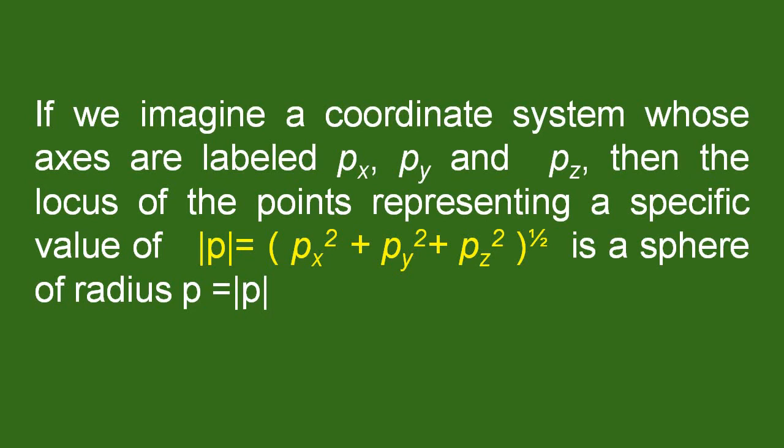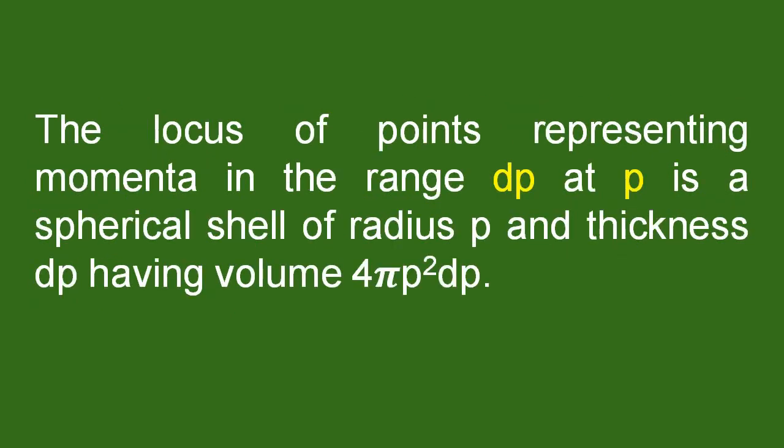And this type of calculation we are normally doing in statistical mechanics. So, the locus of points representing momenta in the range dp at p is a spherical shell of radius p and thickness dp having volume 4 pi p square dp.